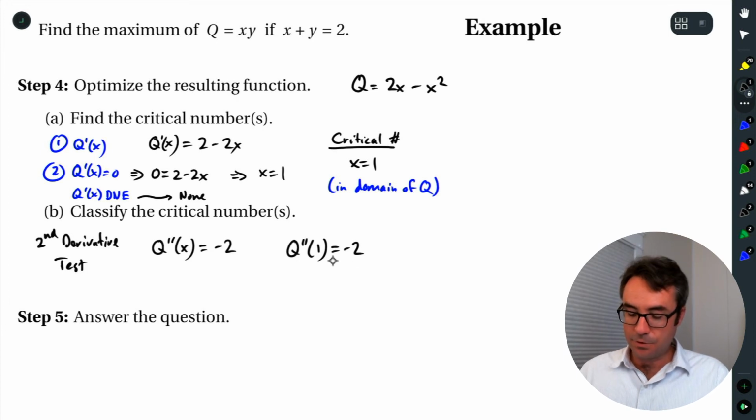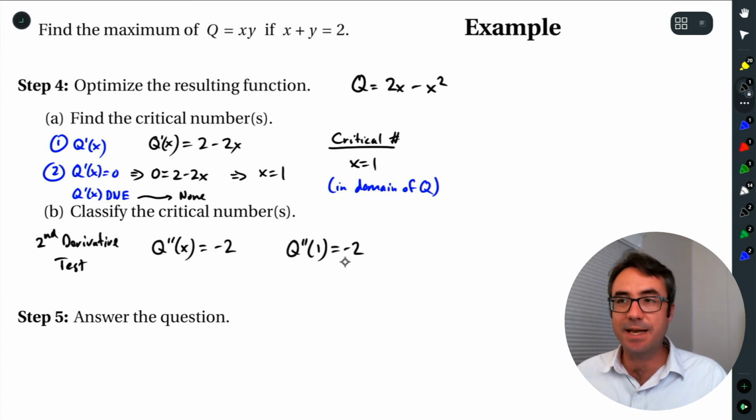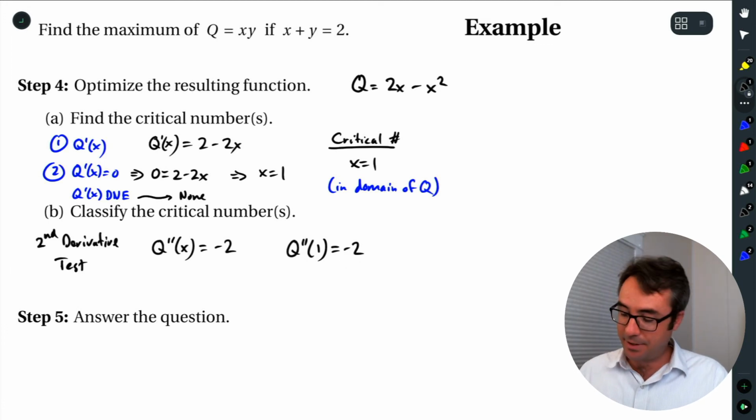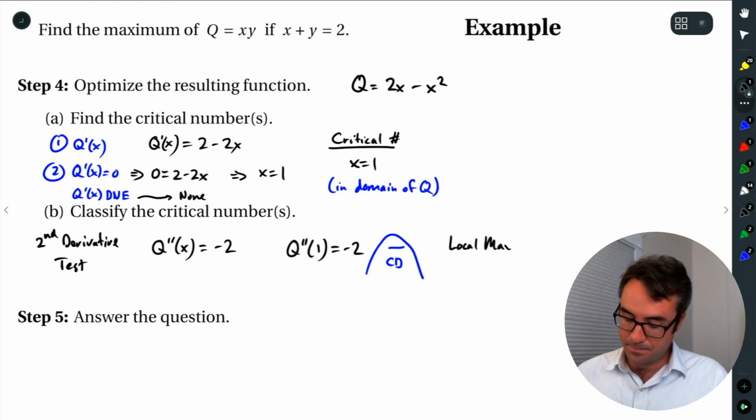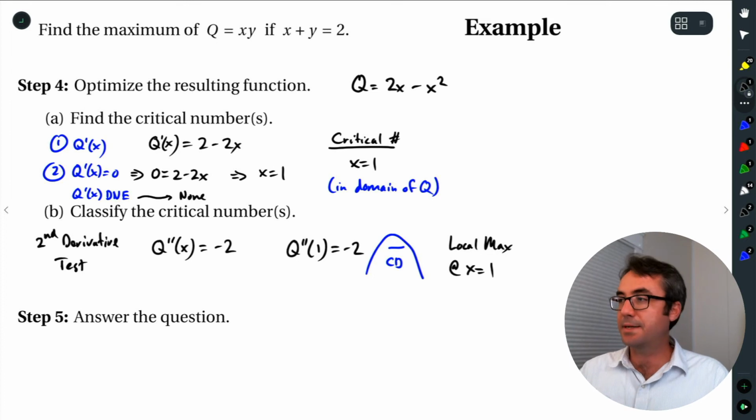Well, if we try to remember what the second derivative test says, draw in what that negative means in terms of concavity to help you remember. So negative means concave down. Draw in the concave down shape, and there you can see we're going to have a local max, a local max at x equals 1. And actually, we only found one critical number. This function is defined for all real numbers.